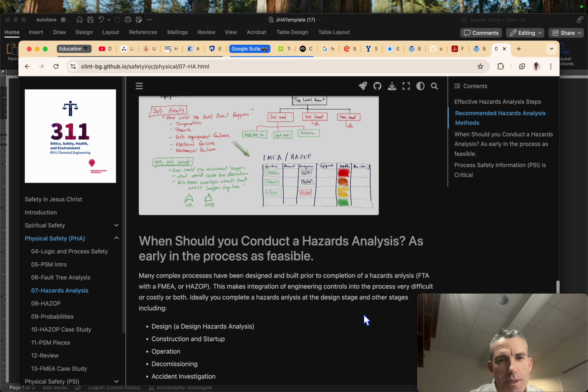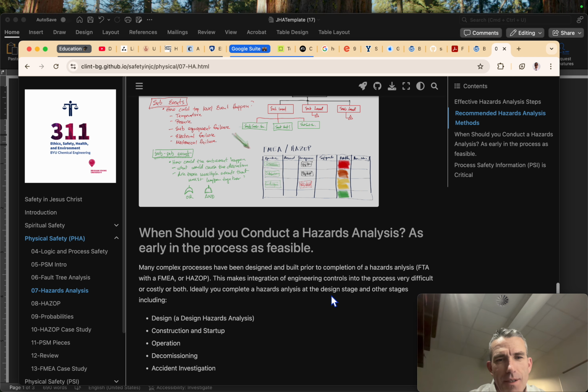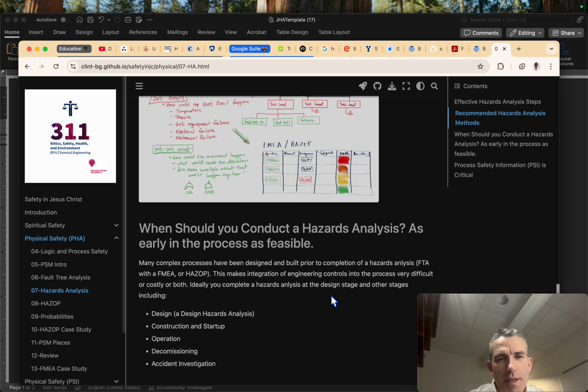When should you do this? Lots of processes have not incorporated hazards analysis at the design phase, and it makes it really difficult to incorporate engineering controls, which are much better than administrative or operational controls, as they don't require operators or personnel to actively do anything.